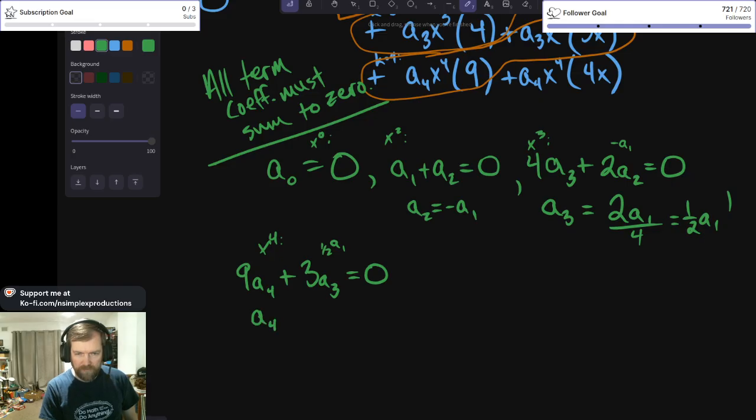So this is going to be a4 is equal to negative 3/2 a1 times 1/9, which is going to be equal to negative 1/6 a1.